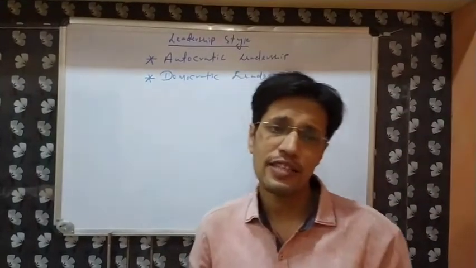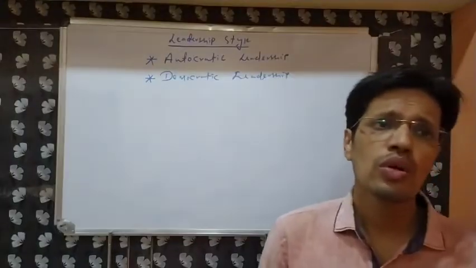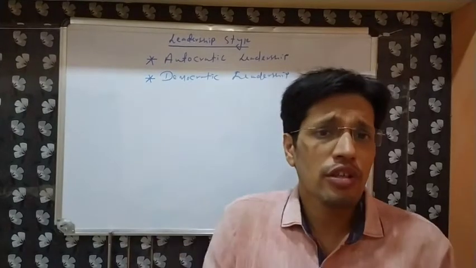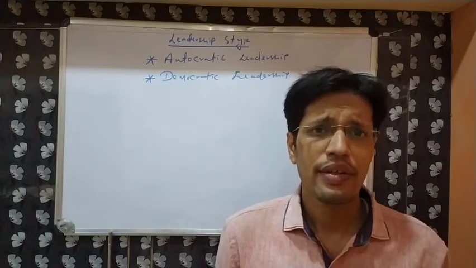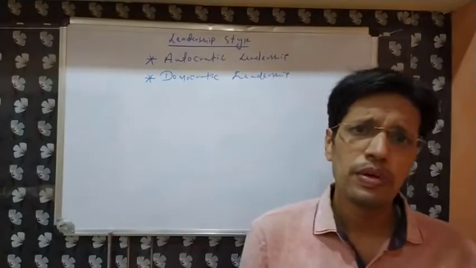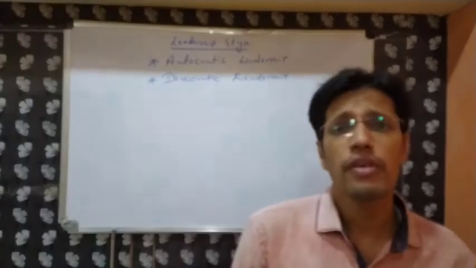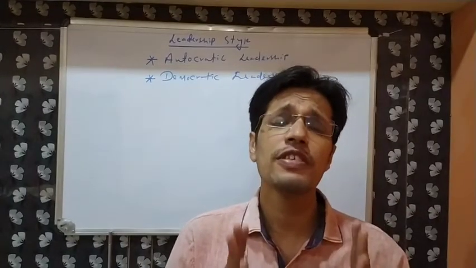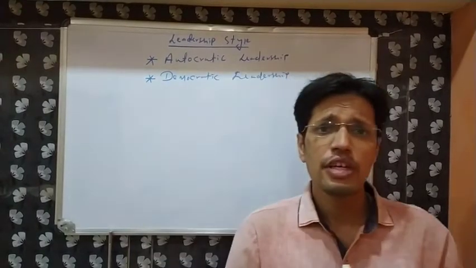Autocratic leadership style is a type of leader who tries to impose command and authority completely, and they simply try to acquire the job from them at any cost. They do not give that much freedom and independence.